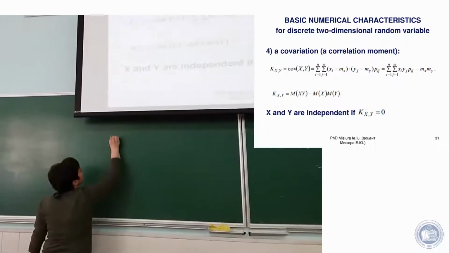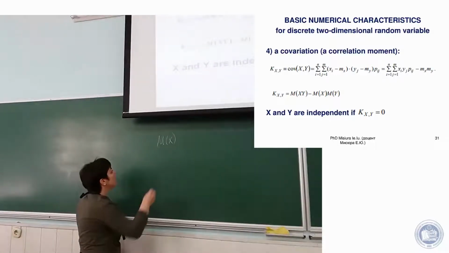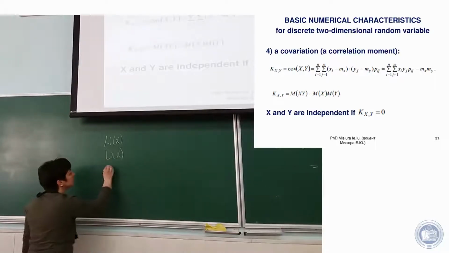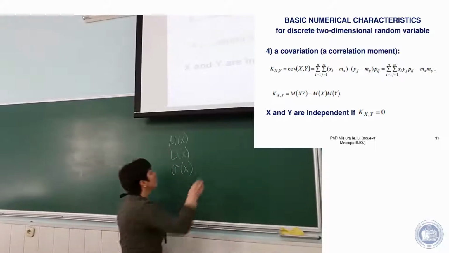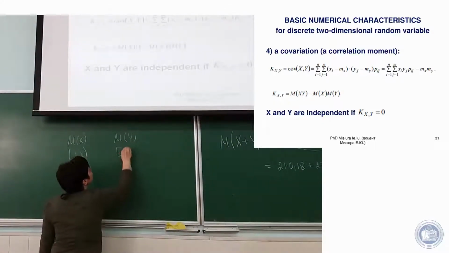Please remember, if we have variable x, we have m of x, d of x, and sigma of x. If we have y, we have m of y, d of y, and sigma of y.